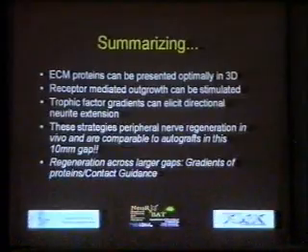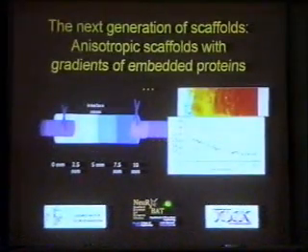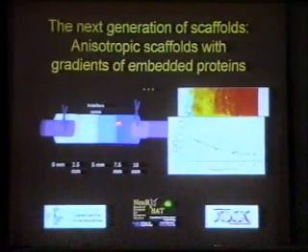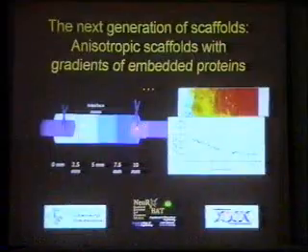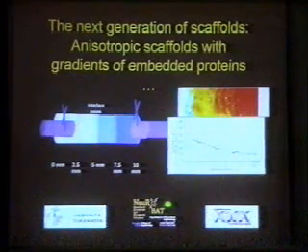So one of the ways we're doing that is by making three-dimensional hydrogels that have gradients of embedded proteins in them. And this is just a cartoon showing you that you can make a gel which has increasing amounts of protein across the gap. There's a paper that's just been accepted, and I don't have time to show you all of that data, but the data is really interesting.